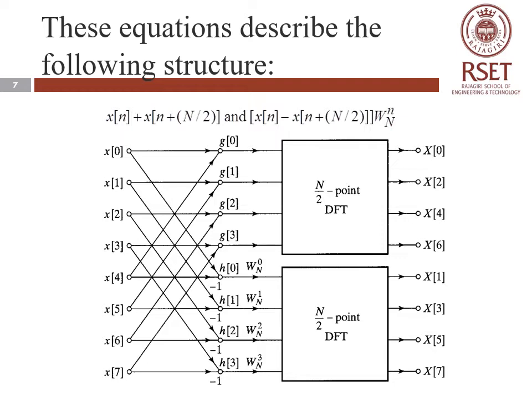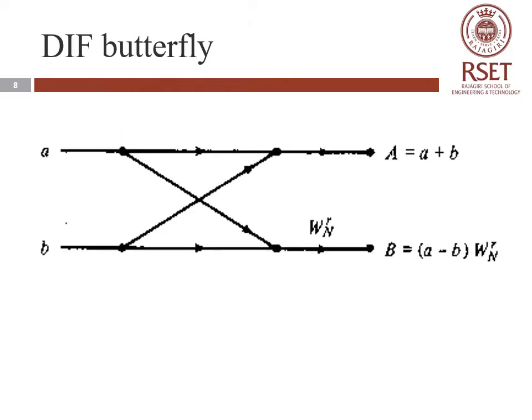This is the basic butterfly for decimation in frequency. If the two inputs are small a and small b, then the output capital A is equal to a plus b, and the output capital B is the difference, a minus b, multiplied by the twiddle factor, that is a minus b into W_N raised to r.